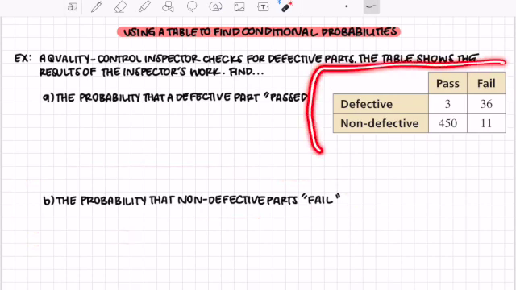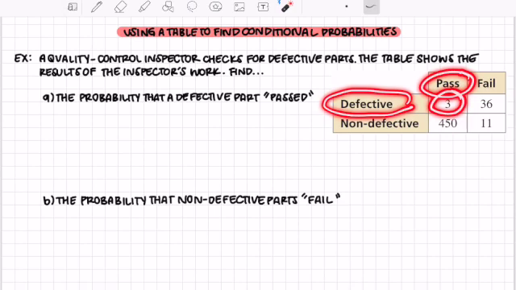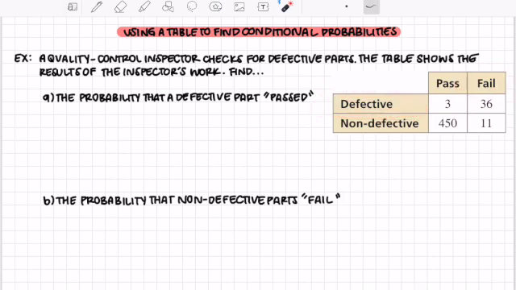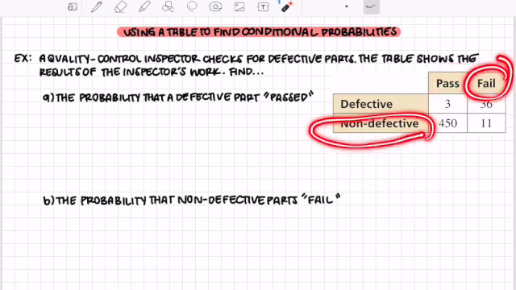So they give us the table here. They say that it's defective but passed. There's only 3 of those, and there were only 36 defective that failed, and then there were 450 non-defective that passed, and 11 non-defective that failed.